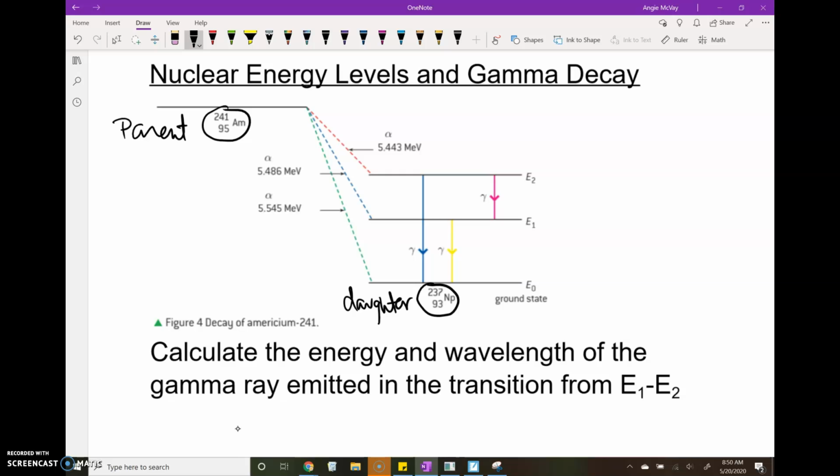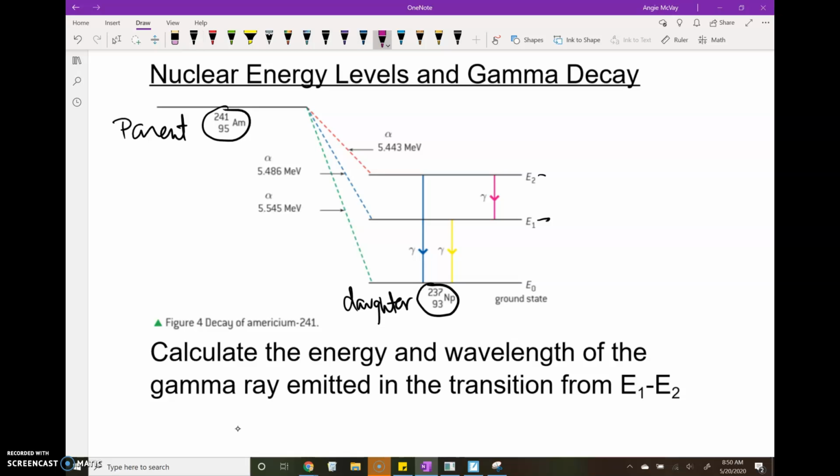And if that transition happens, what would be the wavelength of that photon? Okay, we don't know the energy at E2 and E1, but we do know the amount of energy of the alpha particles that are released to get a nucleus to energy level 2 or energy level 1.